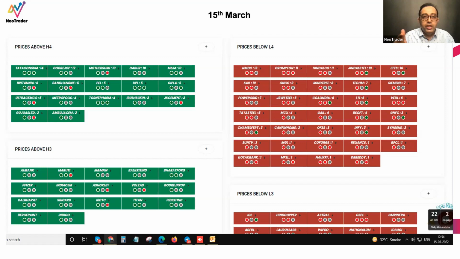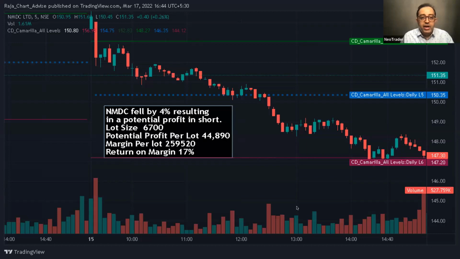All you have to do is go and hit the buy or sell button. And that is where you can see that every trade, all you have to do is go in line with the trend. So you can see here in this stock on the downside, moves below L4, and you gave a potential profit of 44,000, which had a 17% return on margin.